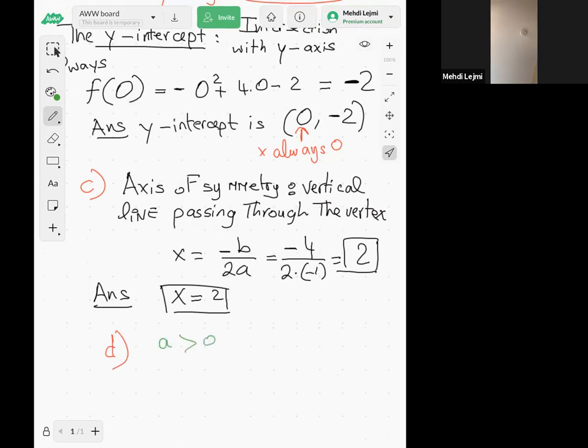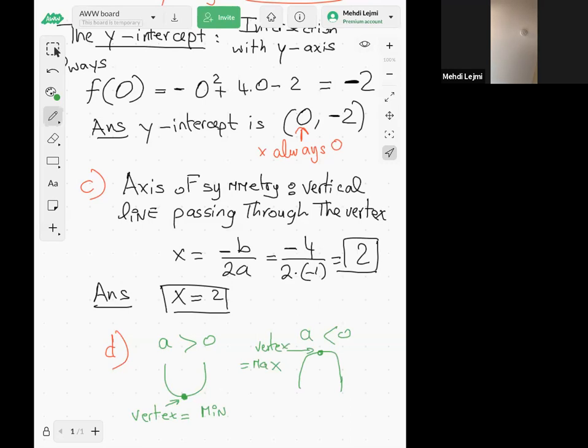If your A is positive, then your parabola opens up, and the vertex is going to be a global minimum. Now if your A is negative, then the parabola opens down. This is your vertex, and of course it's going to be a maximum.